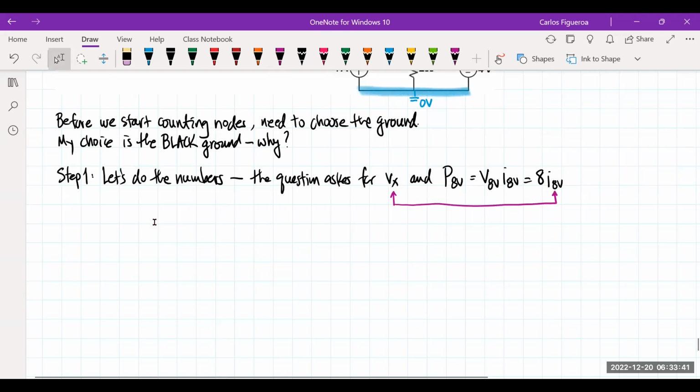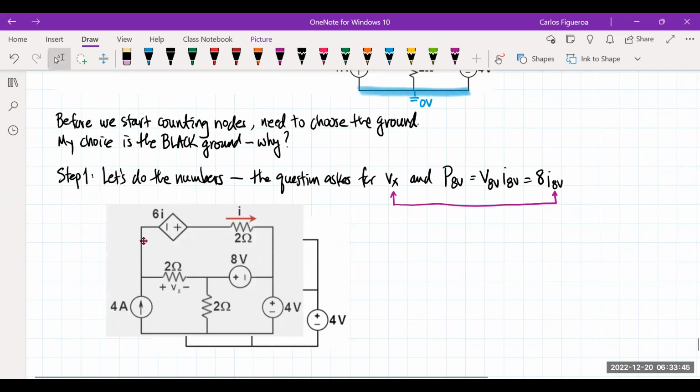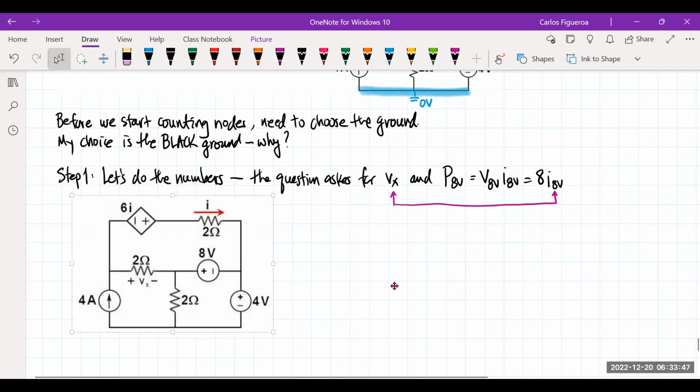Because if I look at my circuit here, note that Vx is not one of the node voltages. It's the voltage across the 2 ohm resistors. So that's not going to be a node. So that means this guy is going to require a solver equations.